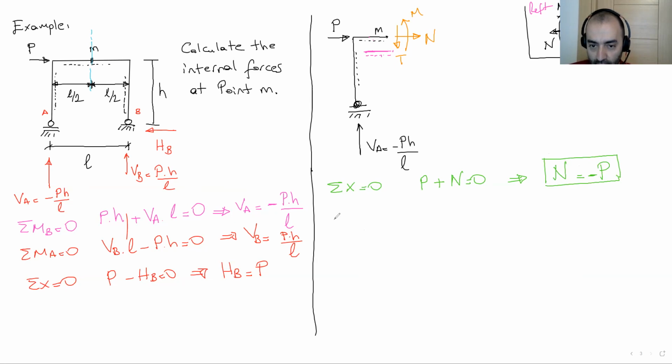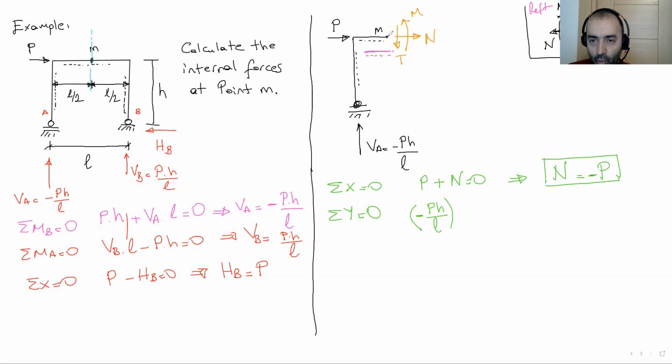The second one is total Y equals 0. Okay, in the vertical direction, what I have is vertical A, which goes up; its magnitude is negative, that's okay. It's in the positive direction, minus PH over L. Is there any other vertical load on the system?